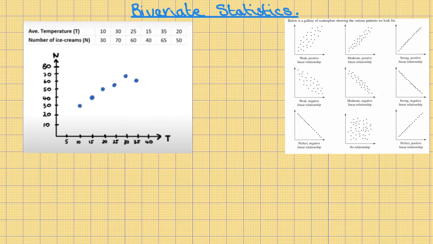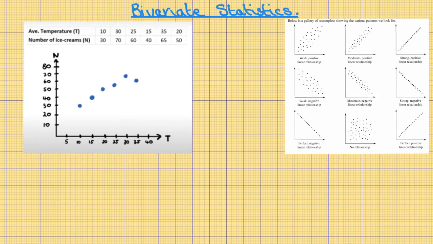In this example, we have some company selling ice creams, and we want to see if there is any relationship between the temperature on the day and the number of ice creams sold on that day. This is a perfectly typical IB Maths exam question.